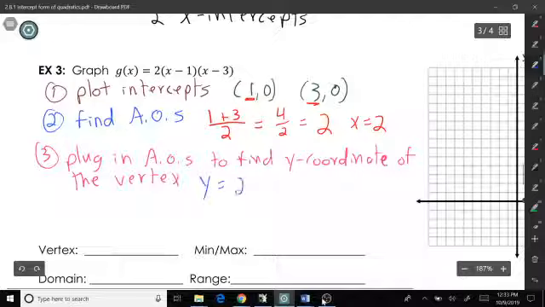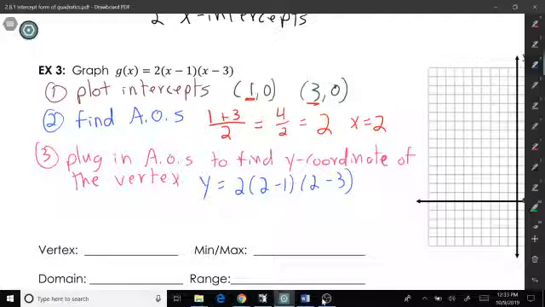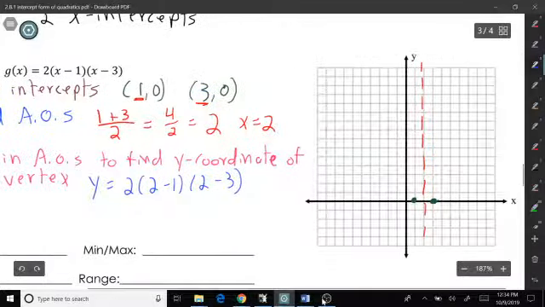So y equals 2 times 2 minus 1 times 2 minus 3. So we can type that in the calculator, and I'm doing that off screen real quick. 2 times 2 minus 1 times 2 minus 3, and I get negative 2. So 1, 2. Here we go.